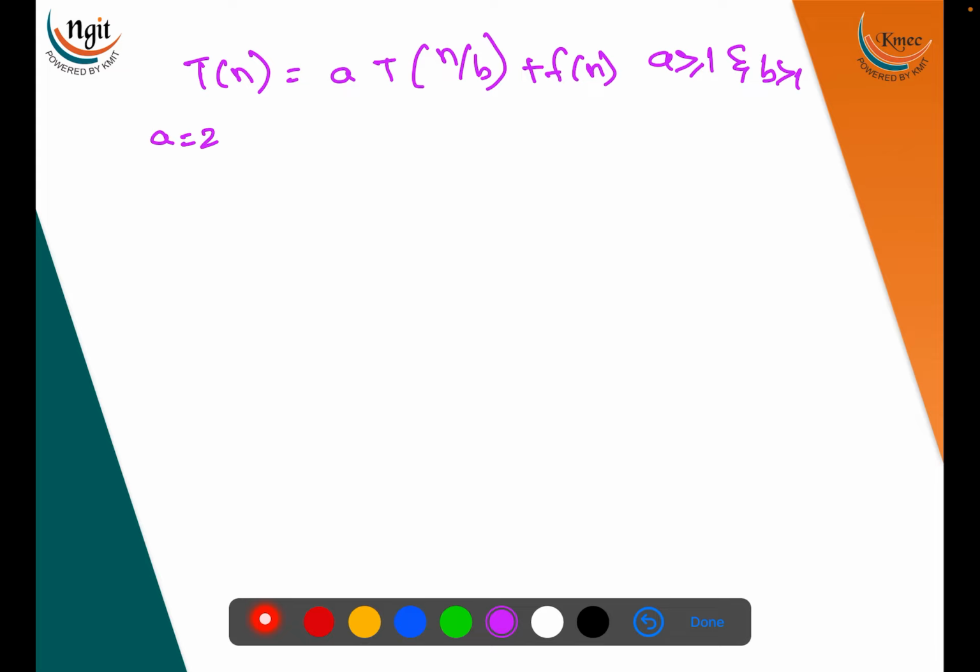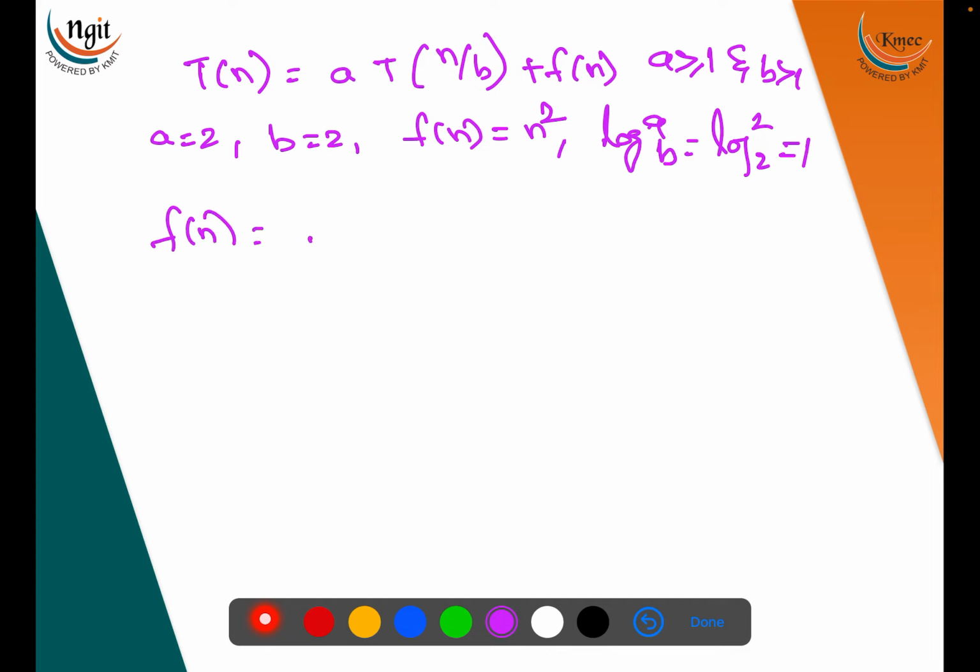So where a is equal to 2, b is equal to 2, f(n) is equal to n square. And what is the value of log_b a? It is log 2 base 2, which is 1. Now put all the values in f(n) equal to omega of n^(log_b a + epsilon). Assume that it is equation number 1.